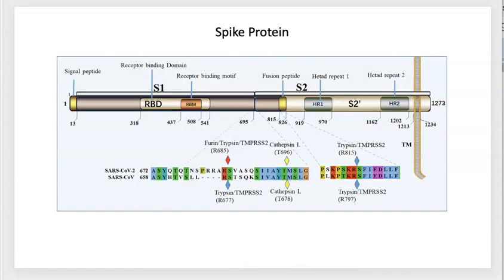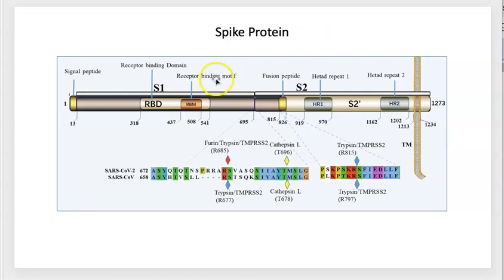This next slide takes a close look at the functional domains in the spike proteins of SARS-CoV-2 and SARS-CoV-1, and then there are amino acid sequences highlighting some really important sites within the spike protein. So S1 that you see here in this spike protein contains the ACE2 receptor binding domain, as you see here. S2 consists primarily of the fusion peptide, which facilitates membrane fusion, allowing the virus to actually enter a susceptible host cell.